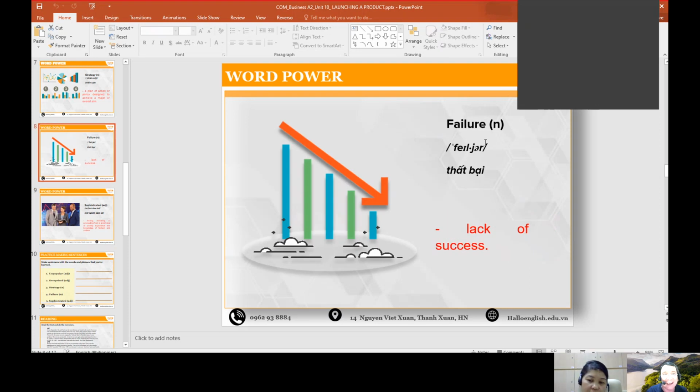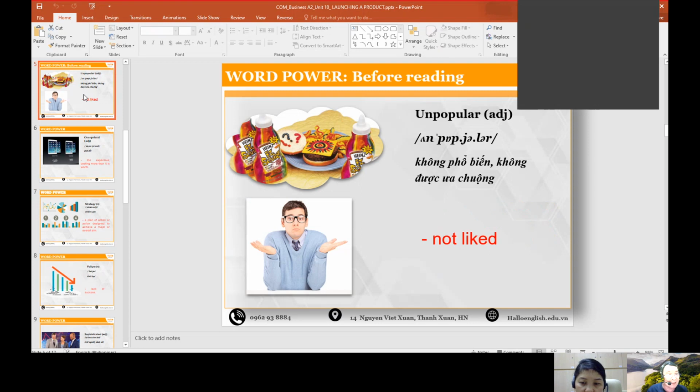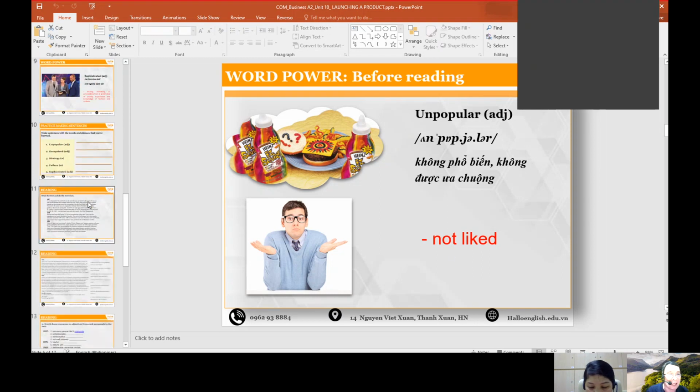You also need to take note of the strategy in showing that product. If the product doesn't have strategy or sophistication, it would be unpopular, and the consumer will not like it.